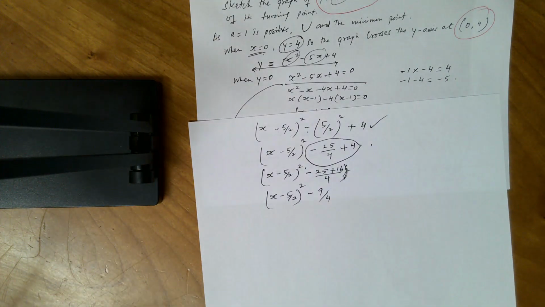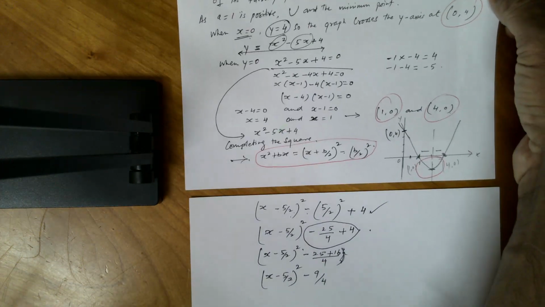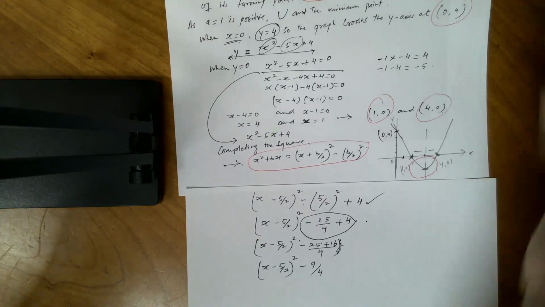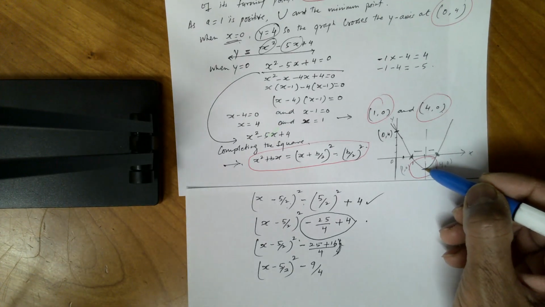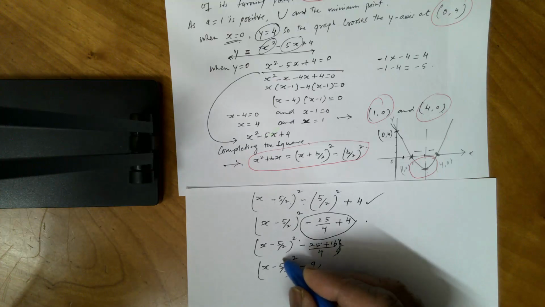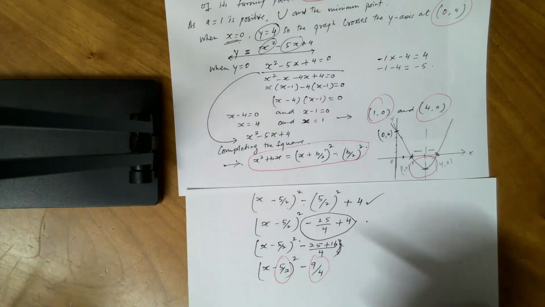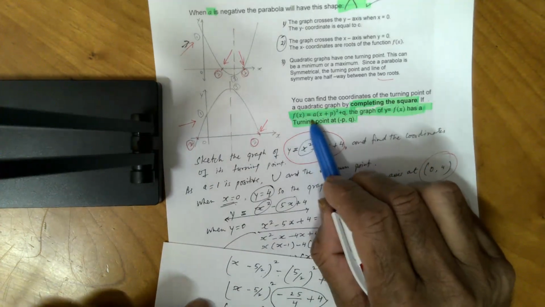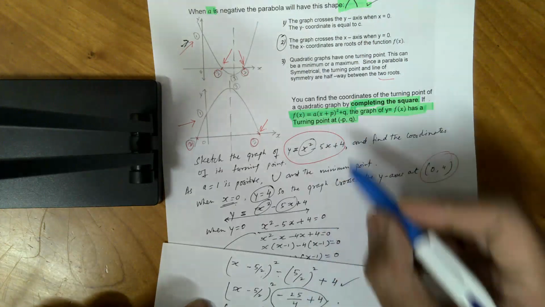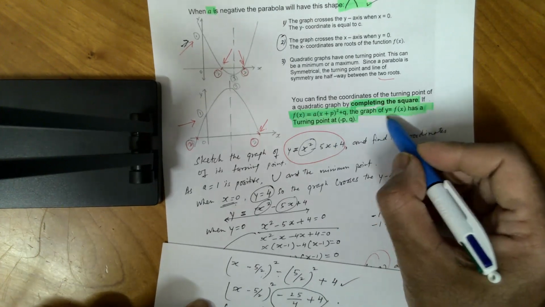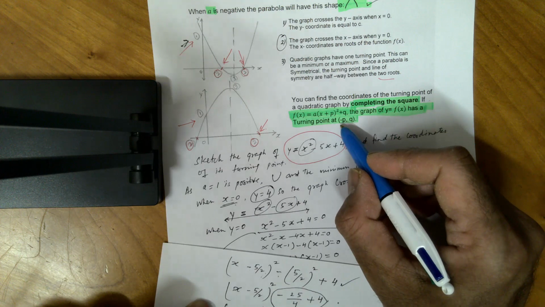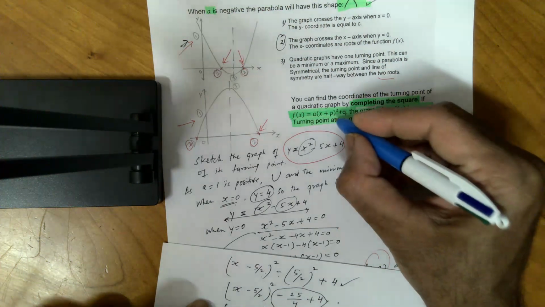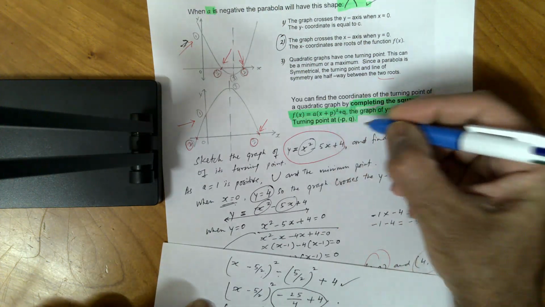Now the coordinates for the minimum will be this and this here, because it says that when the equation is like this, which is completing the square, the graph of y = f(x) has a turning point of minus p and q, where this is your p, minus p, and this is your q.